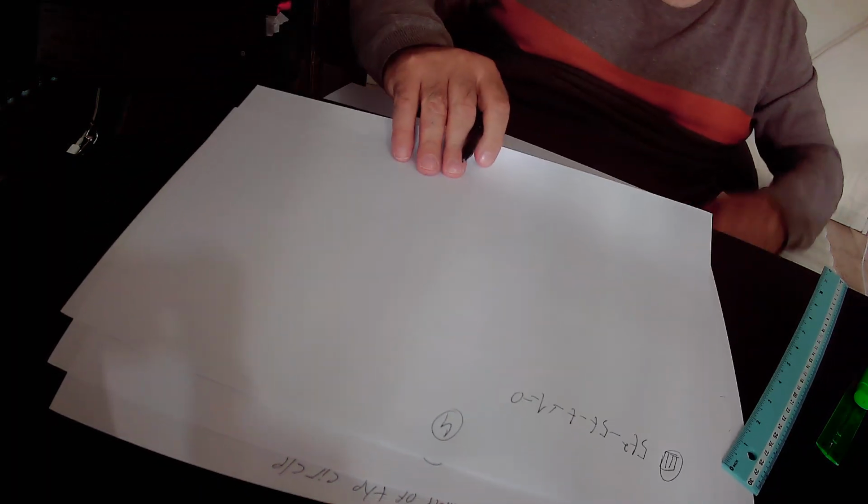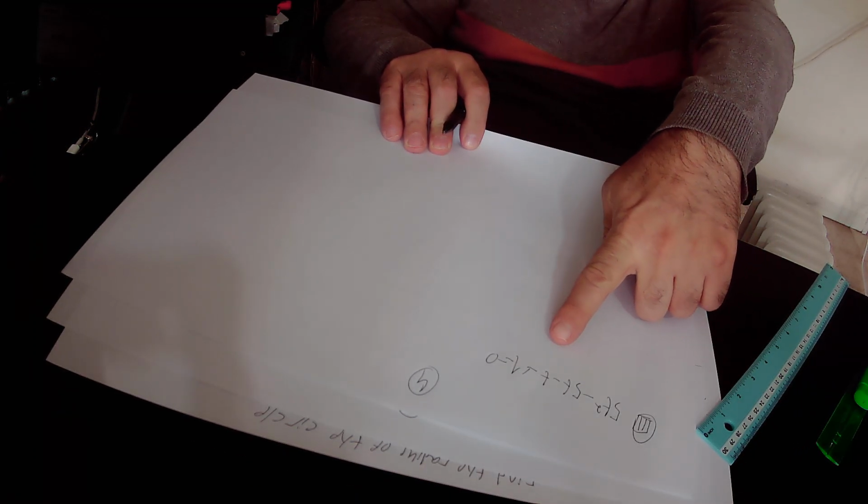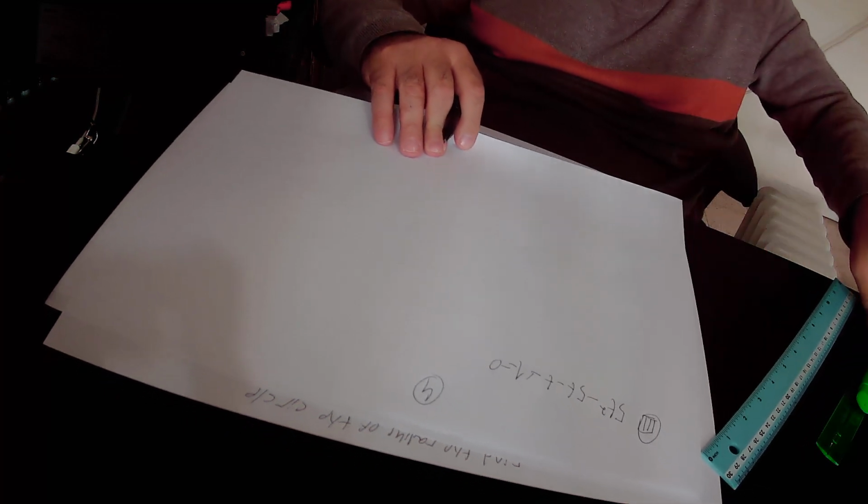So 5t squared minus 5t minus t plus 1 equals to 0.